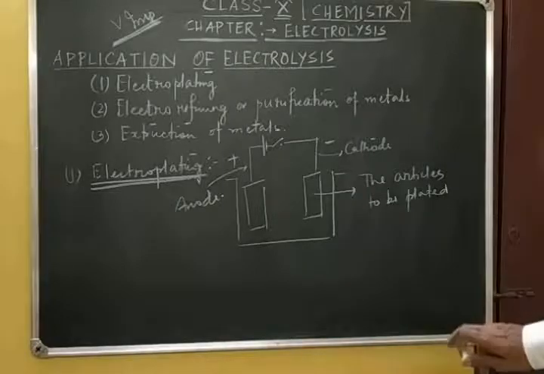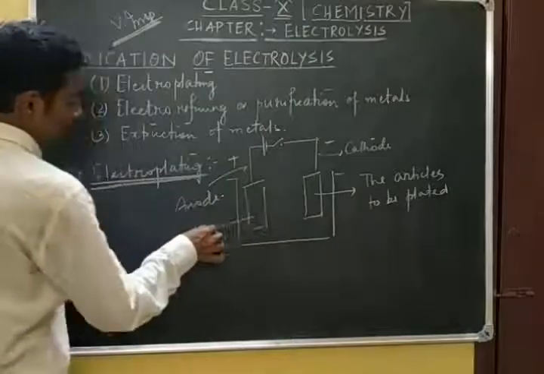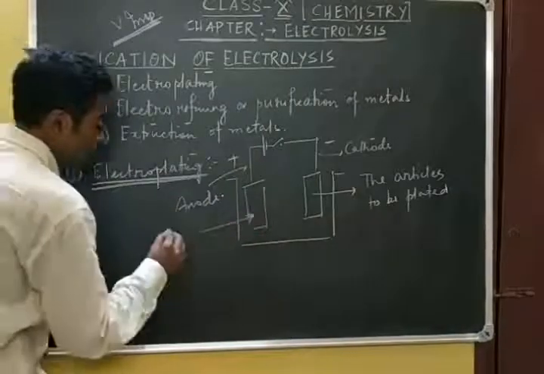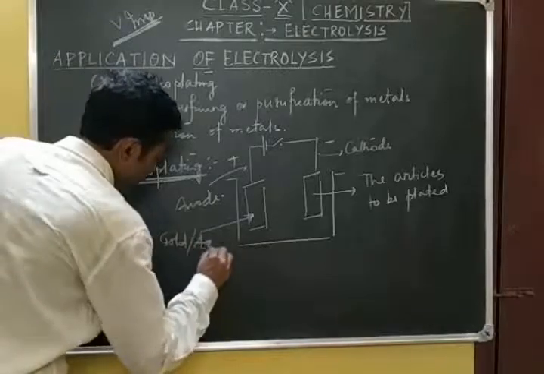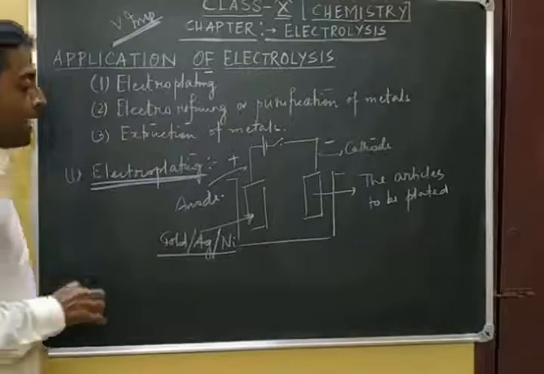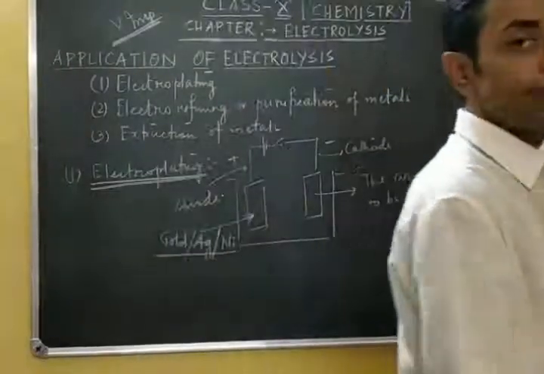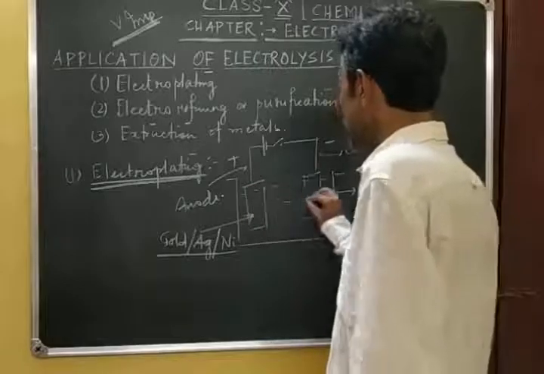And at the anode we should put the coating metal. You can use gold, you can use silver, you can use nickel, whatever you like. And as the electrolyte, you will be using a suitable electrolyte for coating.